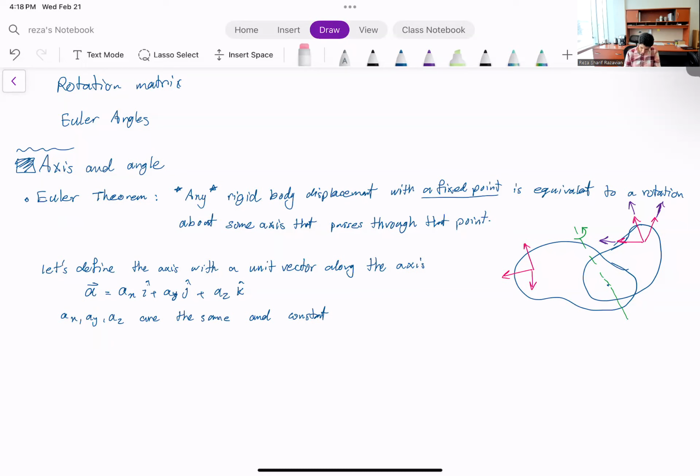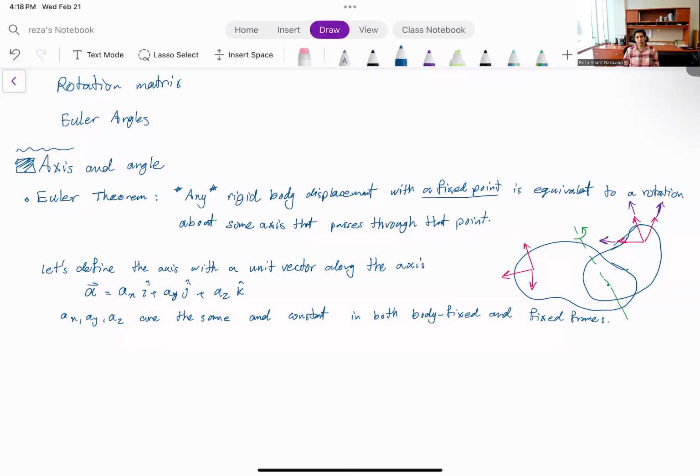in both body fixed and, I don't want to call it inertial, just fixed or original frames. So it is very convenient to not worry about which frame we are talking about.